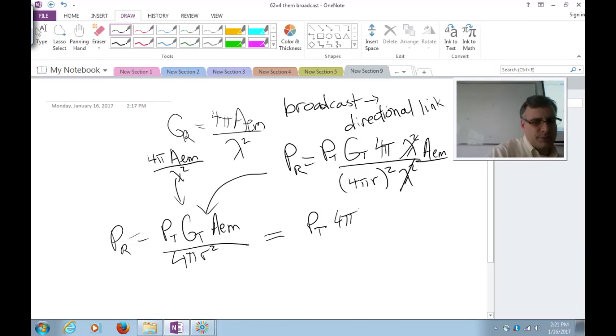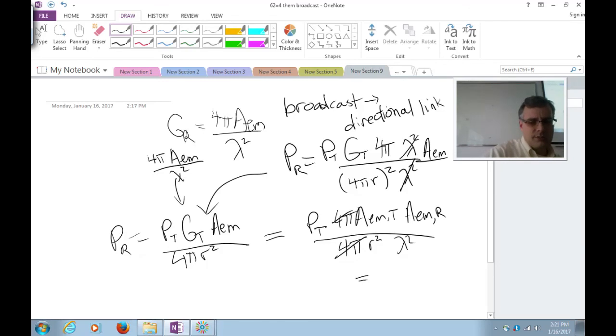It's going to be 4 pi AEM, and let's call it AEM comma T, AEM comma R, to denote that they're two different apertures. And this is 4 pi r squared. Oh, and there should be a lambda squared in the denominator again. The 4 pi's cancel, and what I'm left with is 4 PT over r squared lambda squared times my two apertures.